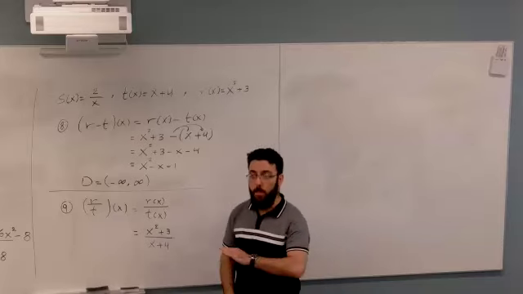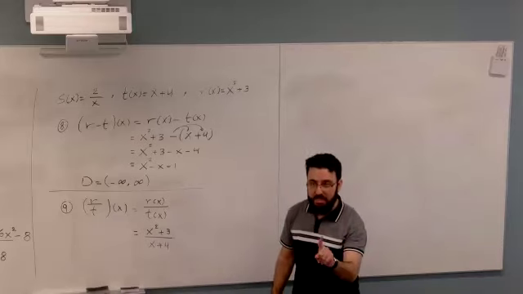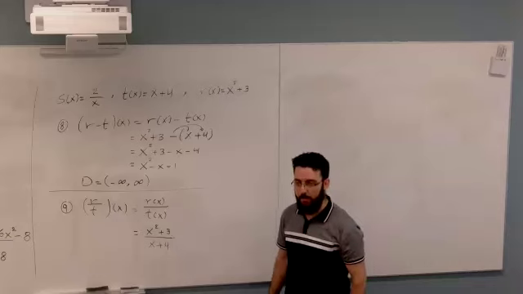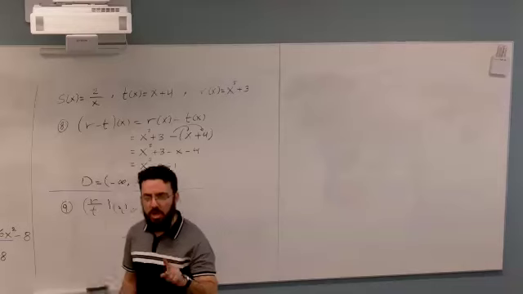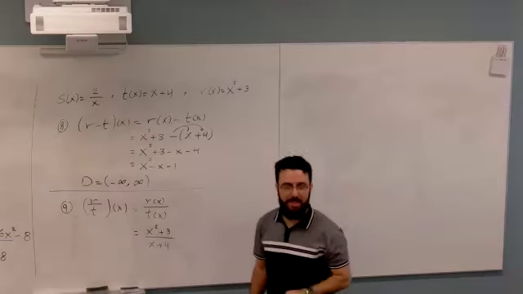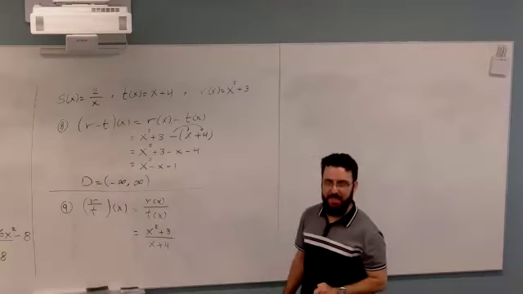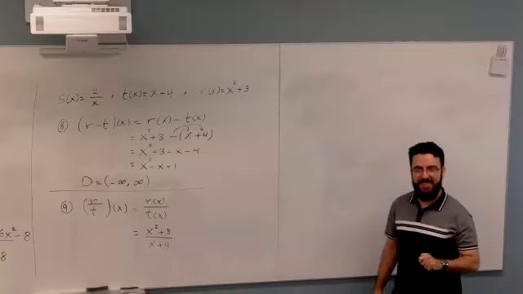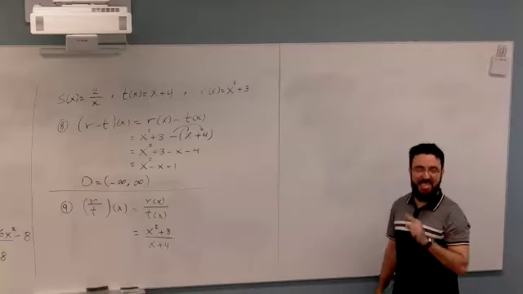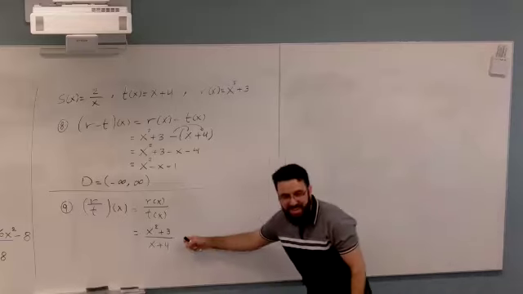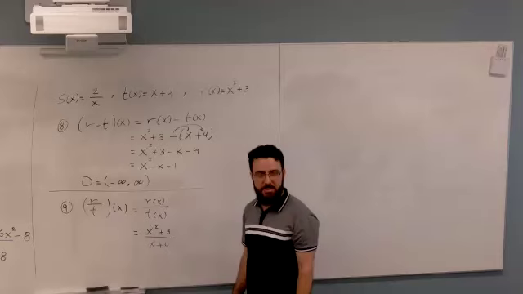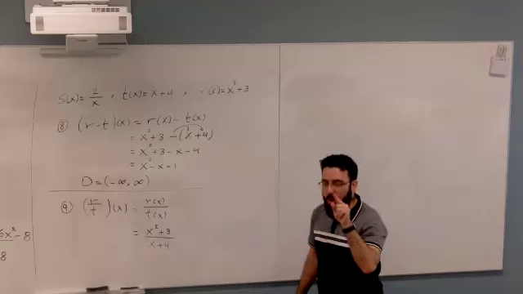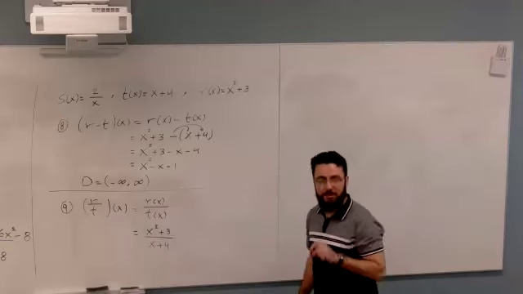So the domain is all the numbers except negative 4. That only happens with a rational. Negative 4 is what? An asymptote. It's a vertical asymptote of the rational function, and the function is always undefined at that number.